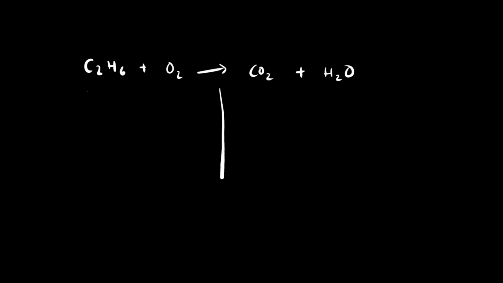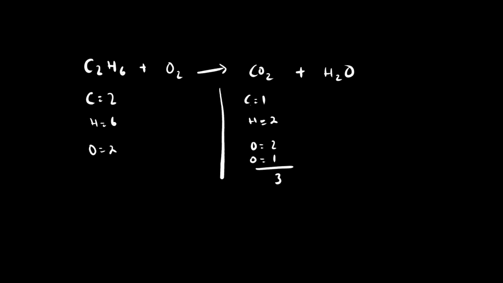On the left, we have 2 carbons. On the right, we have 1. On the left, we have 6 hydrogen. On the right, we have 2. And then on the left, we have 2 oxygen. On the right, we have a total of 3 oxygen. Least common multiple of 2 and 1 is 2.